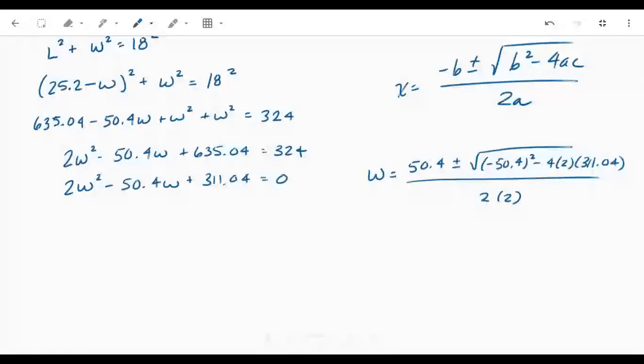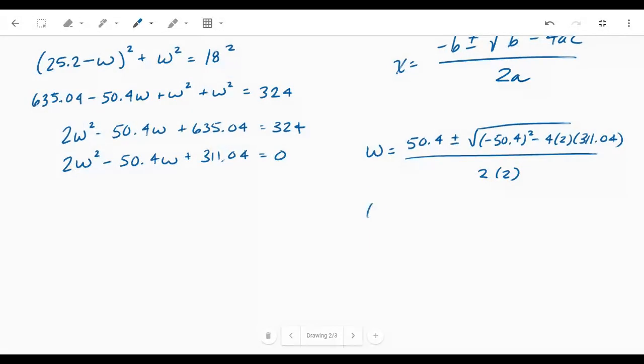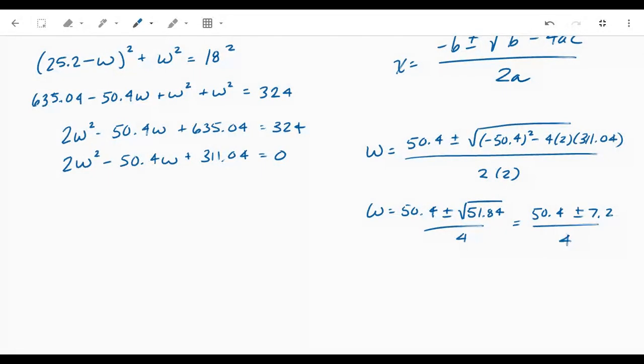Okay, that works out to be 50.4 plus or minus the square root of 51.84, all over 4, which is 50.4 plus or minus 7.2 over 4. So we get that W is 14.4 or 10.8.